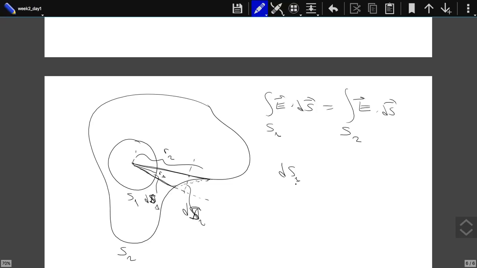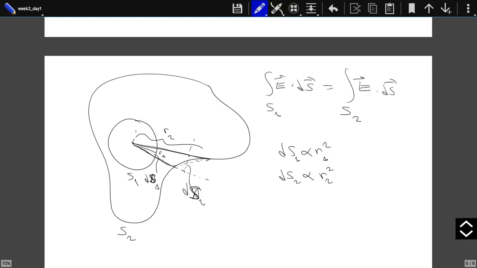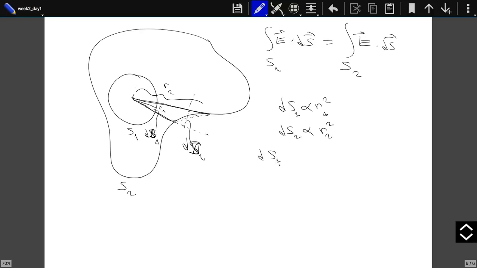Now DS1 is proportional to R1 squared. DS2 is proportional to R2 squared. Or DS1 over DS2 is equal to R1 squared over R2 squared.